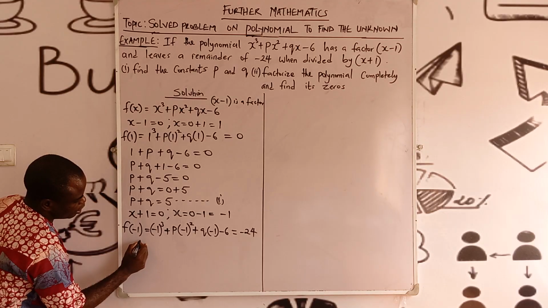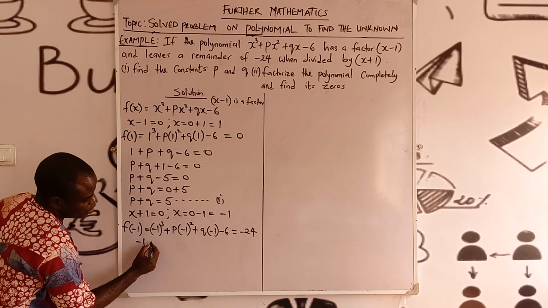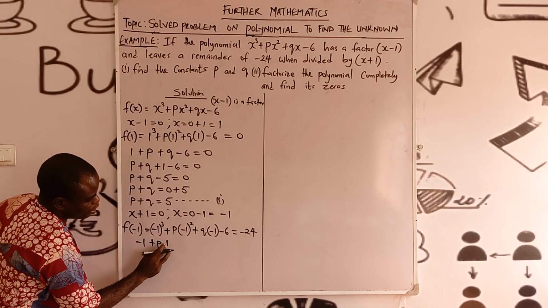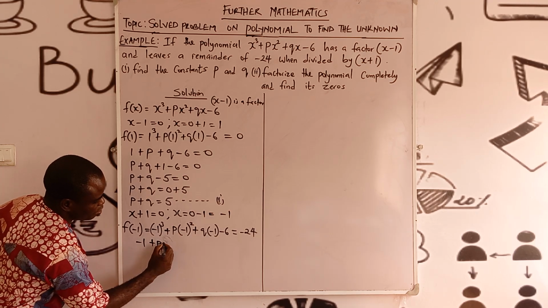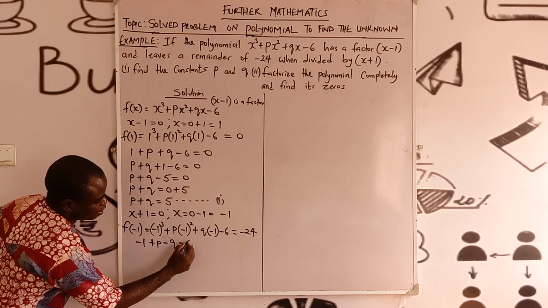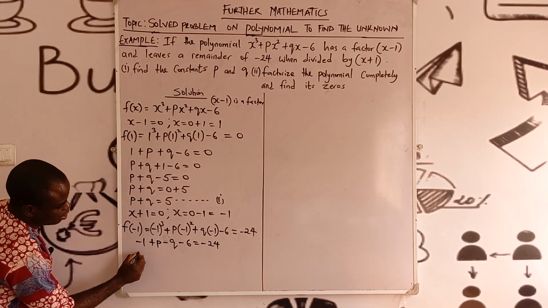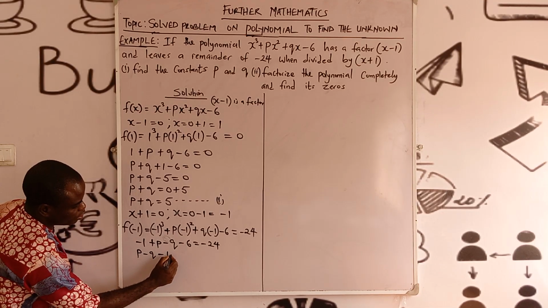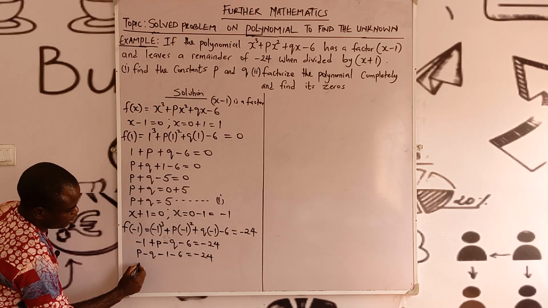Minus 1 cubed is minus 1. Minus 1 squared is 1, that's plus p. Then minus 1 times q is minus q, minus 6 equals minus 24. Let's collect the like terms: p minus q minus 1 minus 6 equals minus 24.